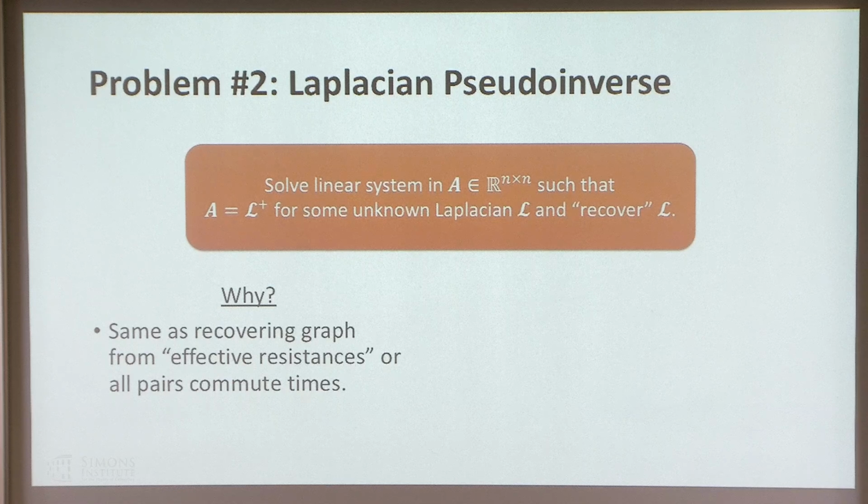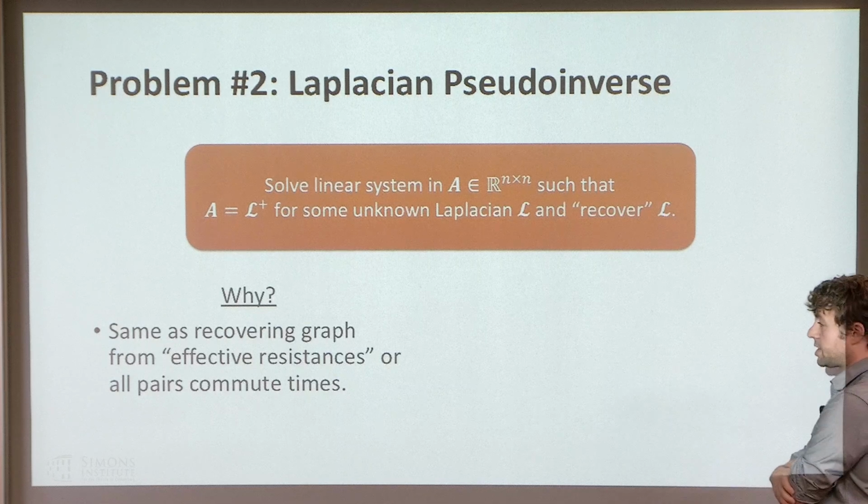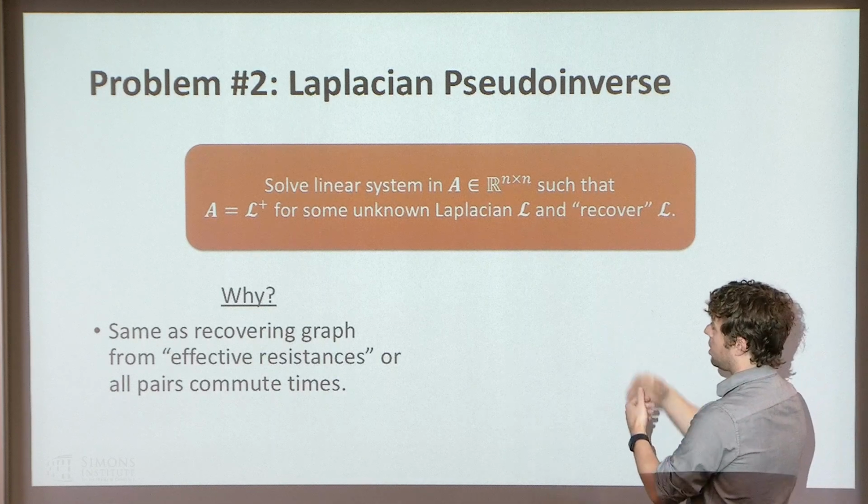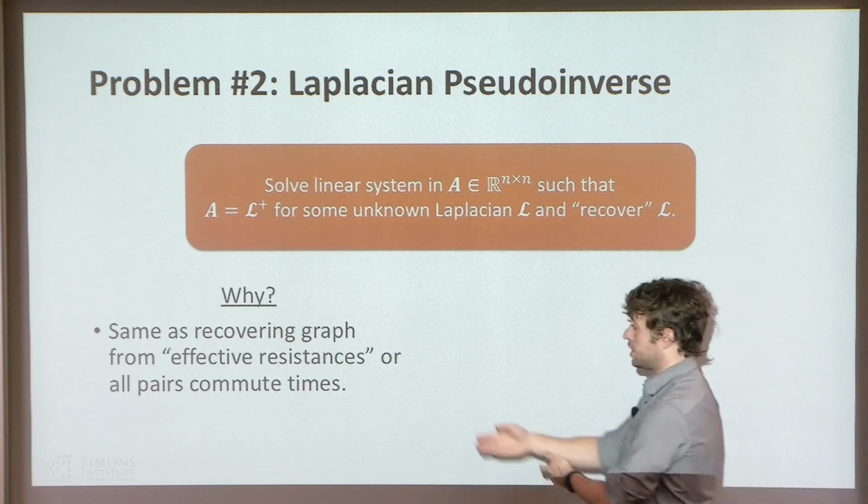You can also show it's basically the same as saying, suppose for an undirected graph, I'm given for every pair of vertices the weighted commute time between those vertices. So the expected amount of time it would take for a random walk to go from one vertex to the other and back again. Right? So these are natural things you might expect to measure about a graph in different settings. And trying to recover L from the pseudoinverse is essentially the same as this problem.